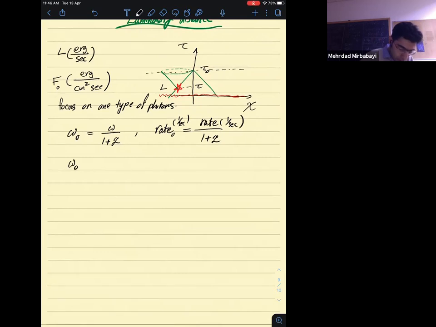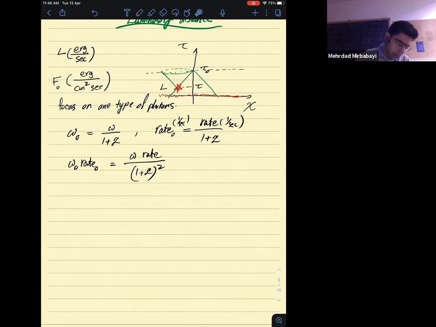So omega naught times this rate at time 0 is equal to omega times rate divided by 1 plus z squared. Now we can sum over all the species of photons, all frequencies of photons, and if we sum over all of them, omega times rate for all of them, that would be the luminosity, right?